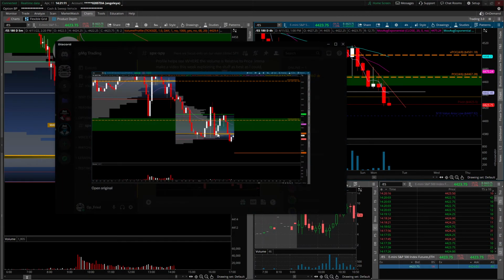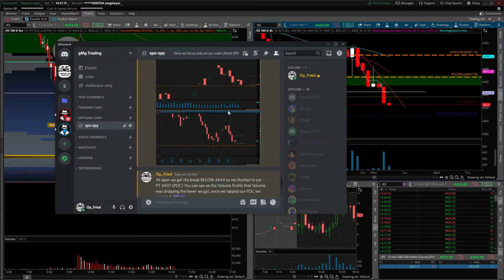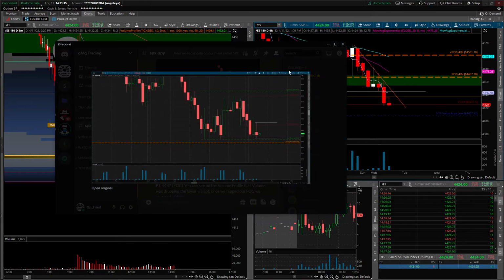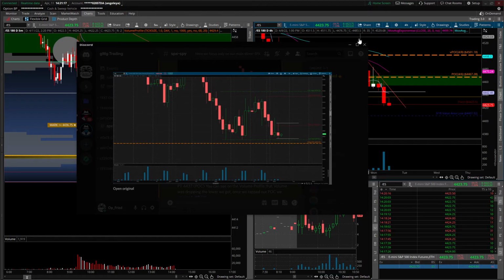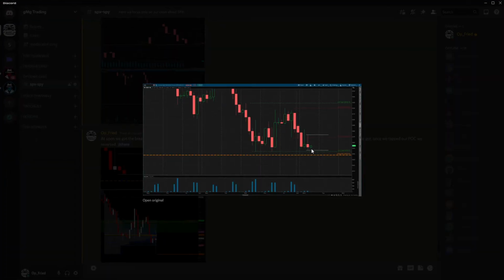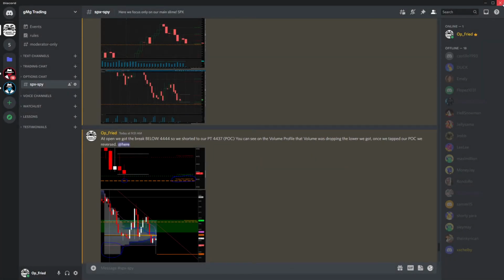On the Discord, it looked like this. We had an inside one on the 4-hour, and all I was waiting for was for that inside one to break down. I was targeting our 10-day POC. Easy play. As soon as we broke down, I grabbed the puts.